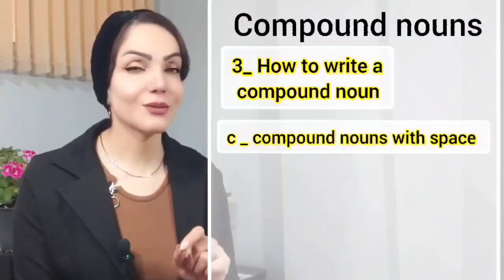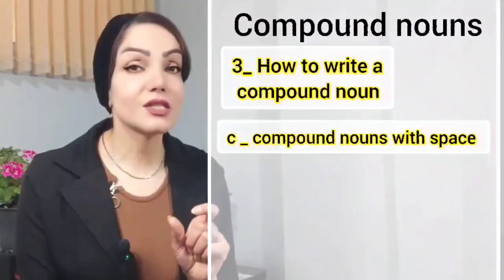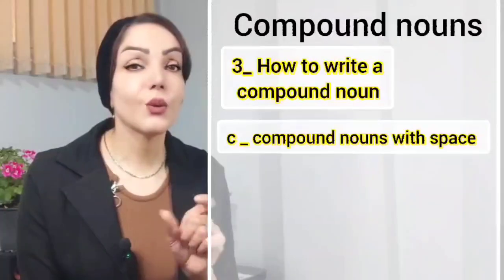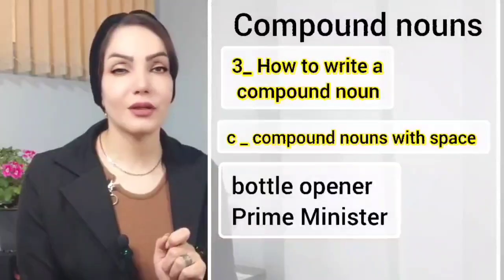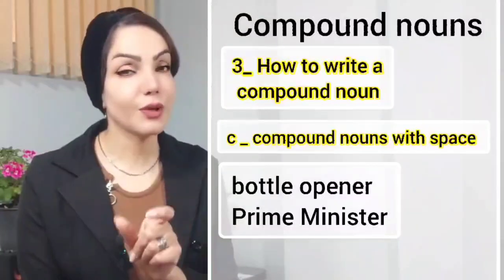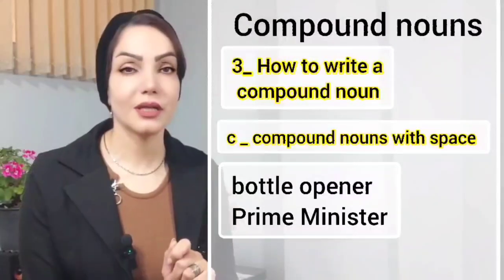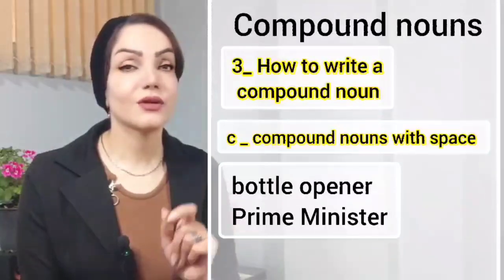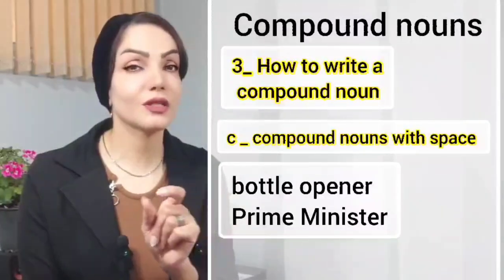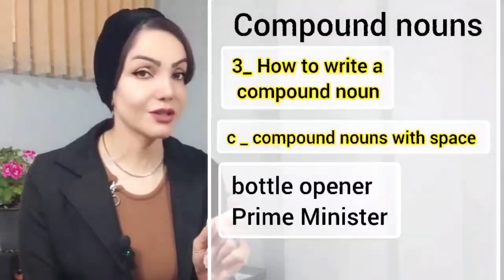And also, we have some compound nouns that have a space between their words. For instance, bottle opener. There is a space between bottle and opener. Prime minister. There is a space between prime and minister.